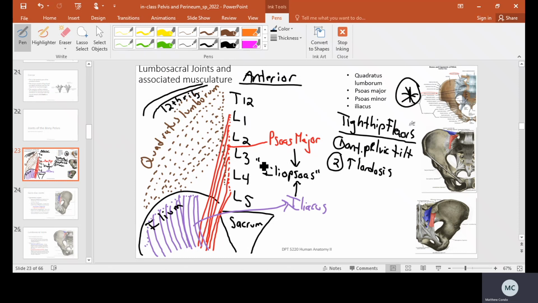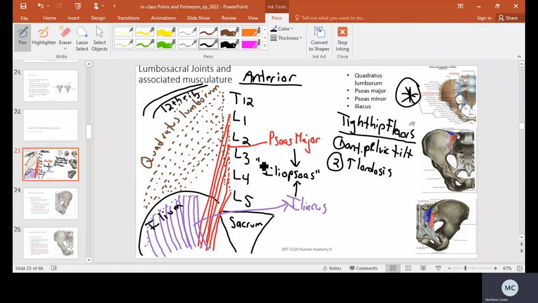Was it hip flexion? How did you test the L2 myotome? Hip flexion, right? L3 myotome? Knee extension. L4 myotome? Dorsiflexion. L5 myotome? Wasn't it great toe?